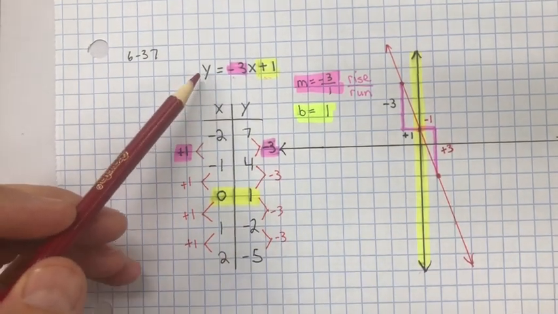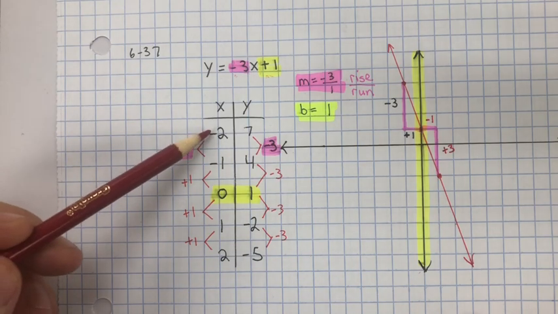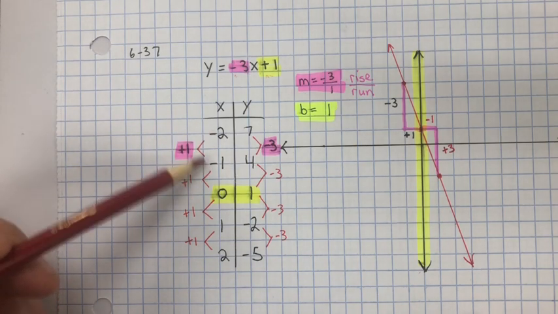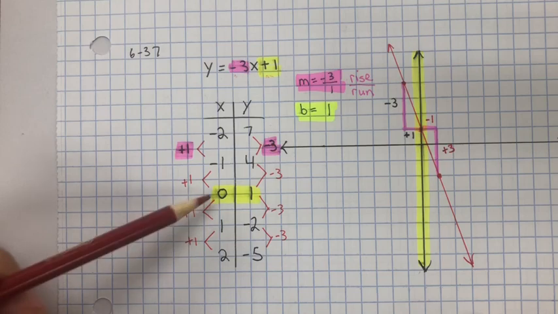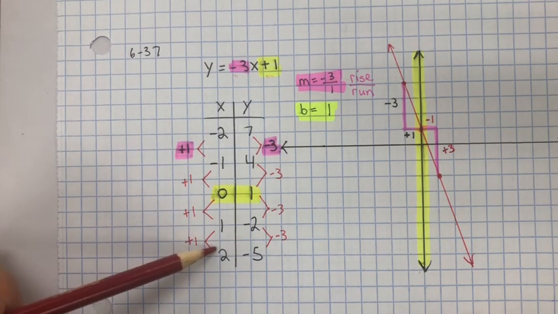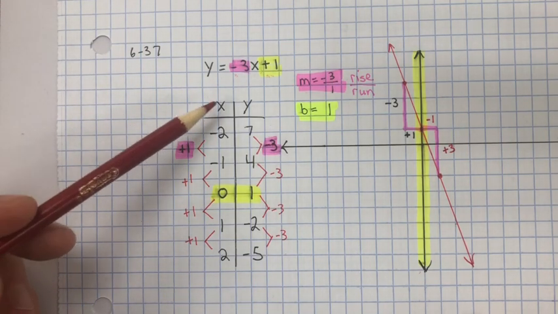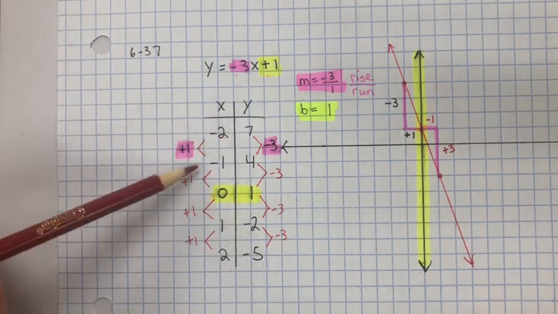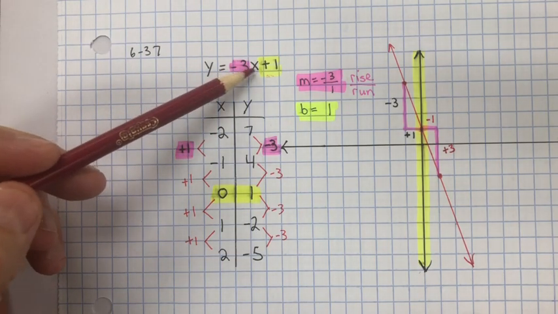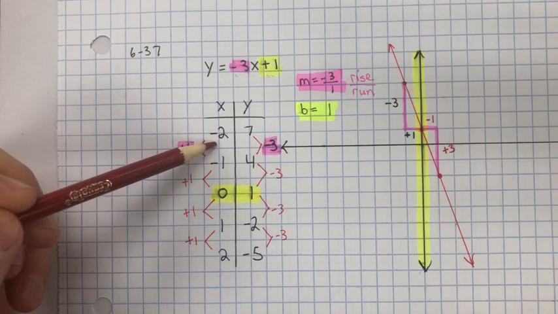For putting it in a table, I just chose the values negative 2, negative 1, 0, 1, and 2. So I chose 0 and a couple of negatives and a couple of positives. You could choose any values you want, but these are just easy numbers for me to plug back into the equation. So I'm going to evaluate these values.